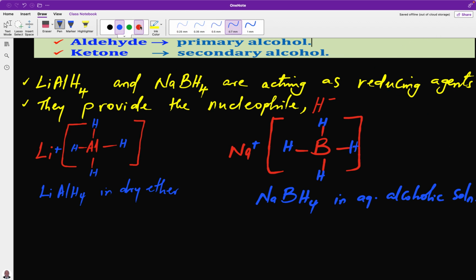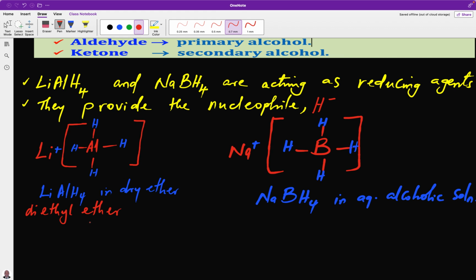Diethyl ether is an example of dry ether, at room temperature.